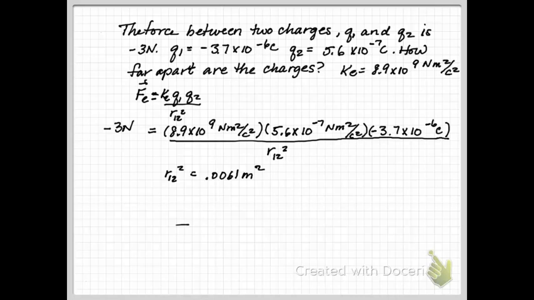Then you need to take the square root of that to get your answer. So don't forget that. And you're going to end up with 0.78 meters. So that's the distance between the two charges.